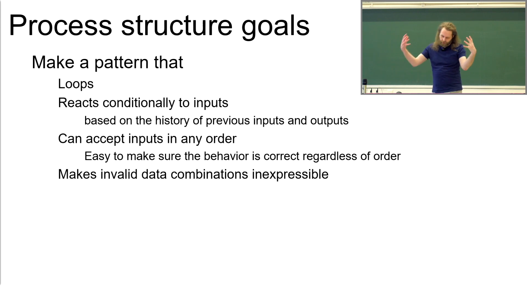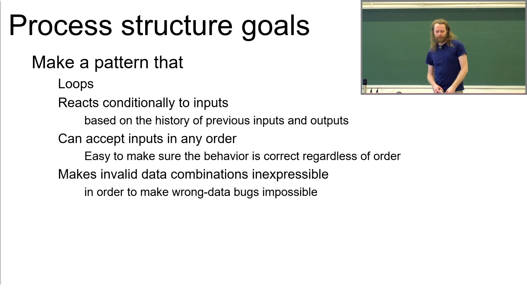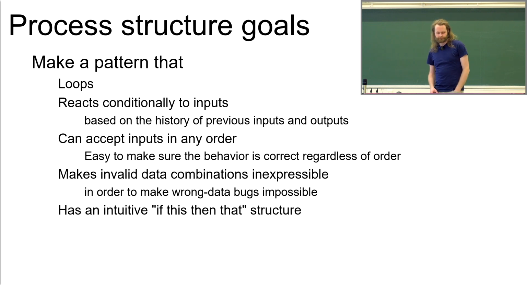So we want to reduce that as much as possible. If a combination of data that is invalid is expressible in our code, it will end up in our code, which means the bug associated with an invalid piece of data will show up, which is a bad time. So it's just to make wrong-data kinds of bugs impossible.